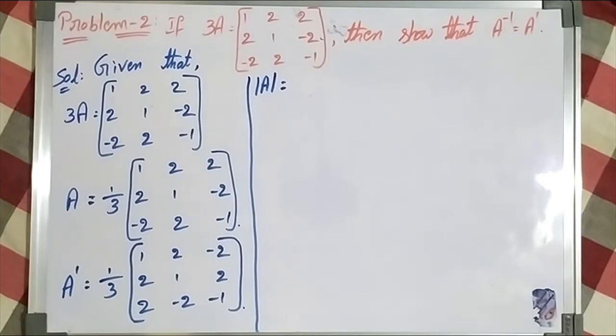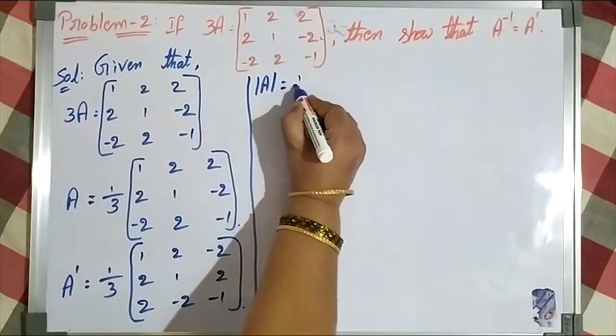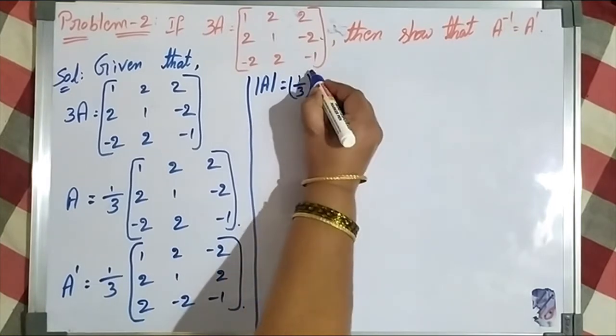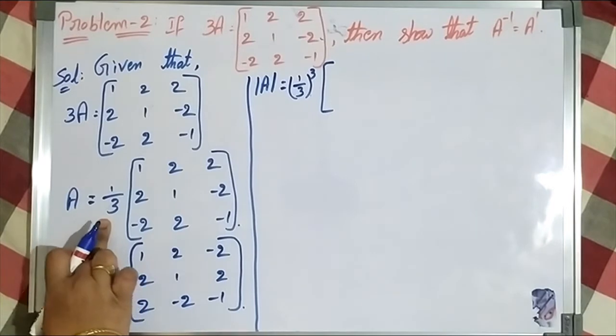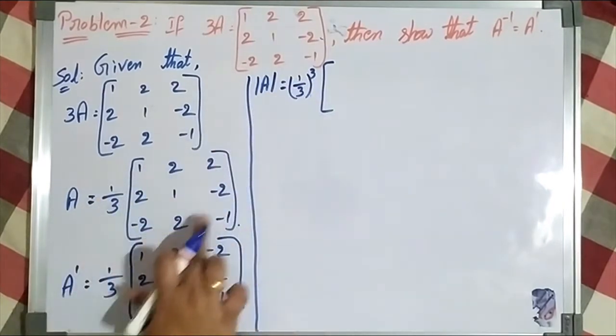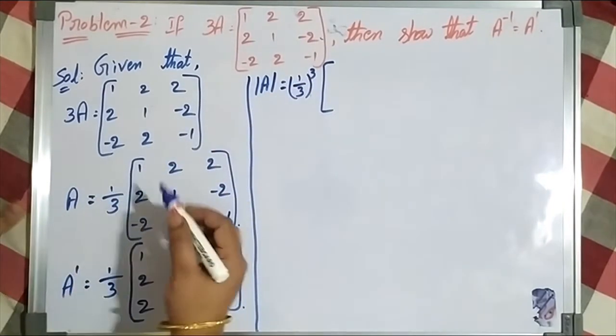By using that property, we can calculate this as 1 by 3 whole cube into the determinant of this matrix.